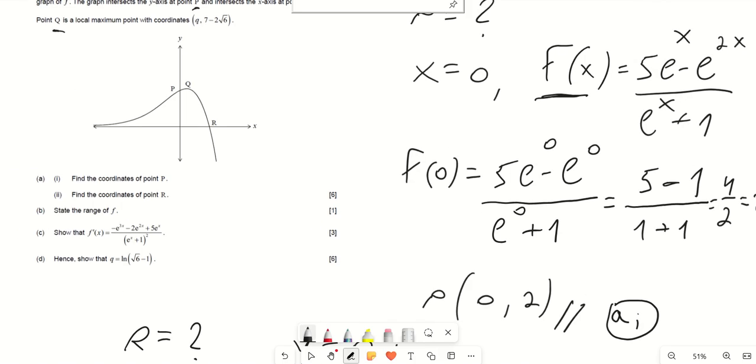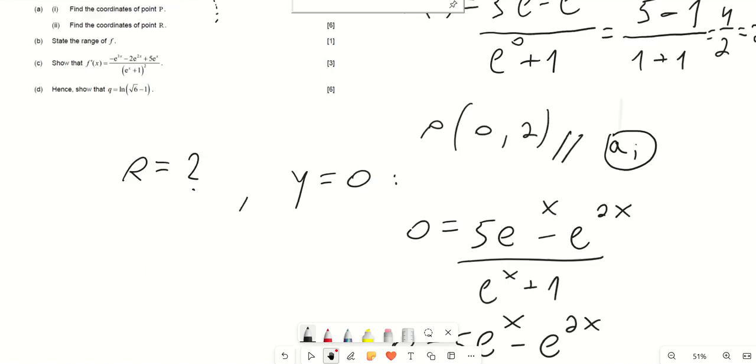And the range is all the possible y values the function can get. So I see that the y values that the function can get start here at the local maximum at the point Q, and then I get all the possible y values till minus infinity. So I can say the range is simply the y value of Q and all the y values beneath it.